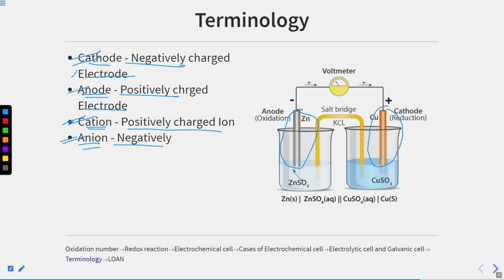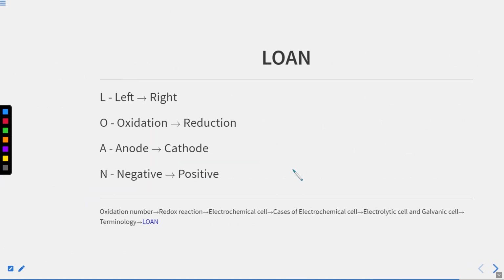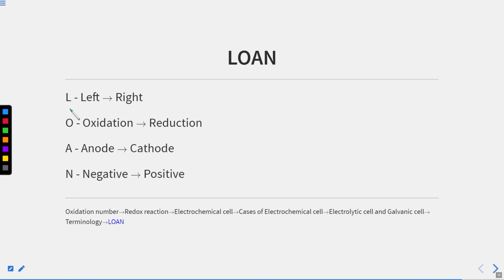This is a nomenclature, or you can say a convention that we follow, that oxidation will always happen on the left side. So how will we remember this? Using this LONE. What does LONE represent?